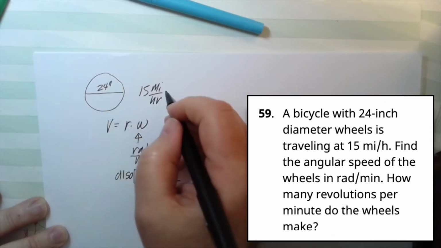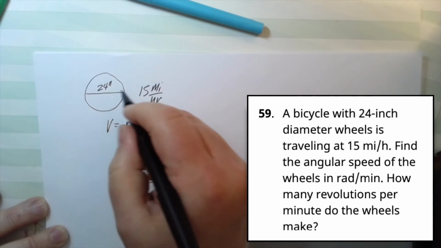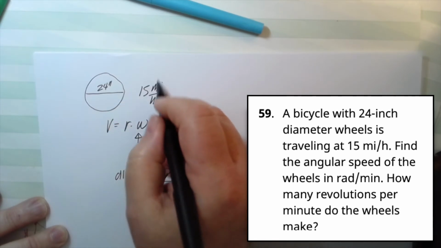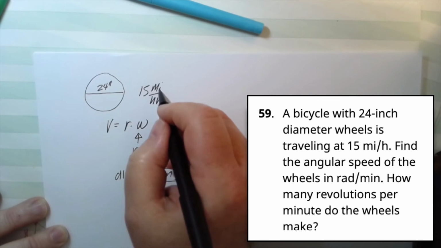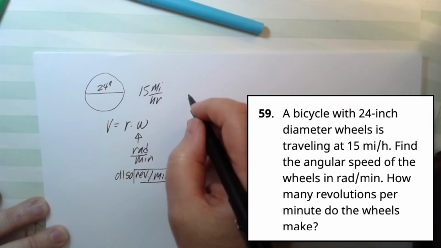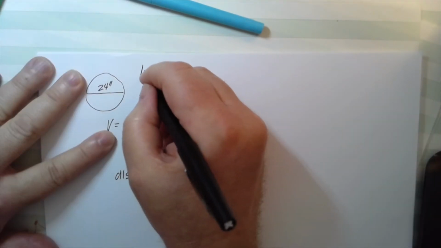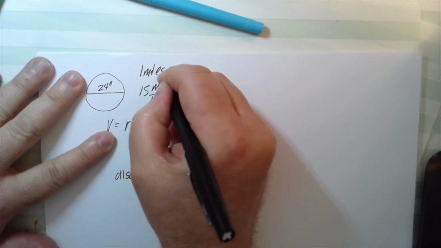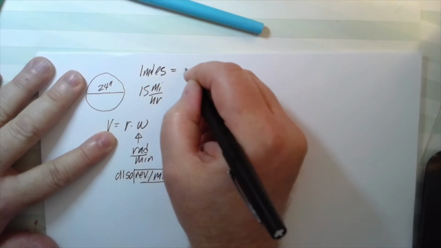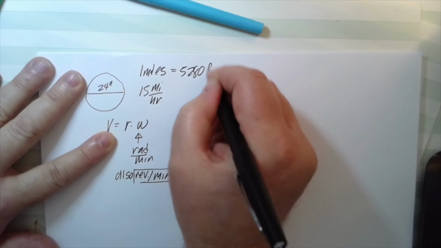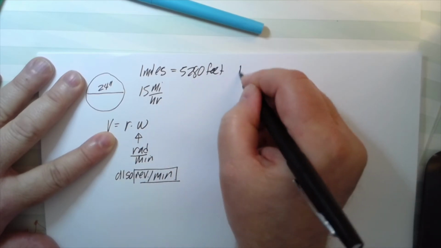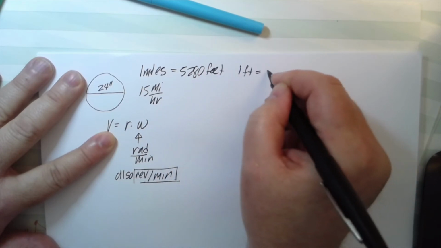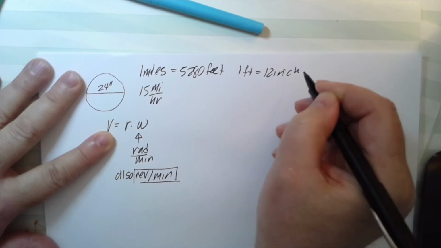Okay, so the one thing we'll want to do is get this into, this is in inches, so we want this probably in inches per minute. So the one thing we do know is that 1 mile is equal to 5,280 feet. We know that 1 foot is equal to 12 inches, right?